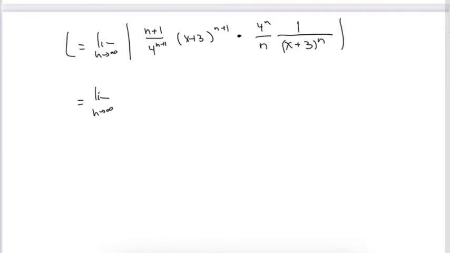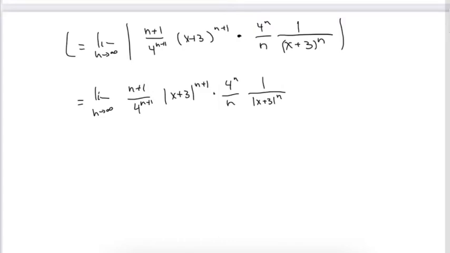Once you get used to this, you can probably do several steps at once. The absolute values can push past everything all the way down, but they do have to stay around x plus 3 because x can be positive or negative, so we don't know what x plus 3 is.